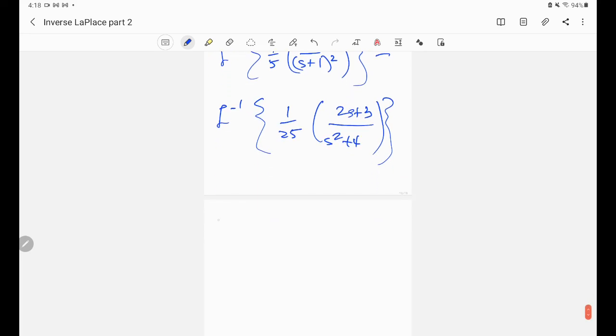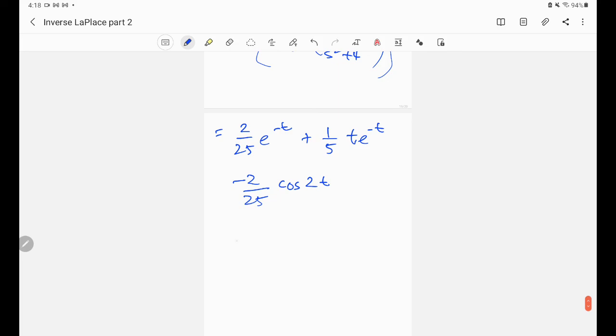And then this will give you 2 over 25 e to the minus t, plus 1 over 5 t e to the minus t, minus 2 over 25 cos 2t, and lastly negative 3 over 50 sine 2t.